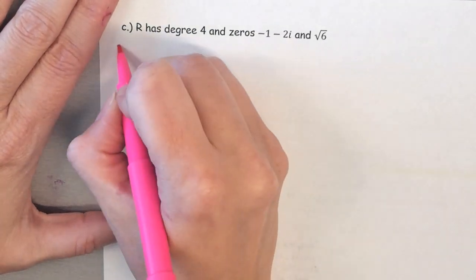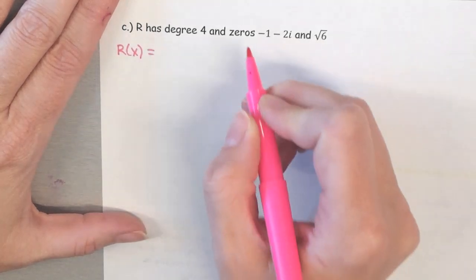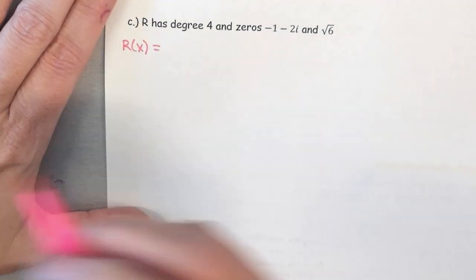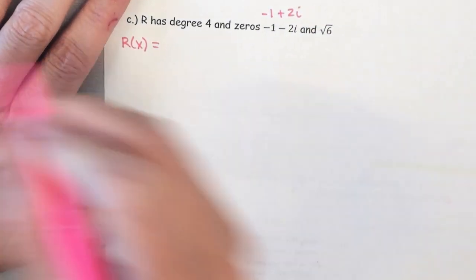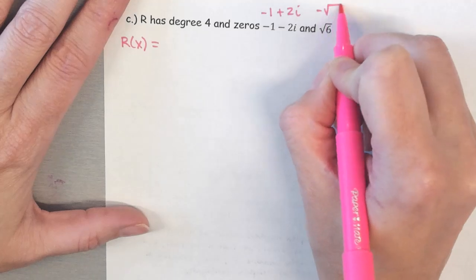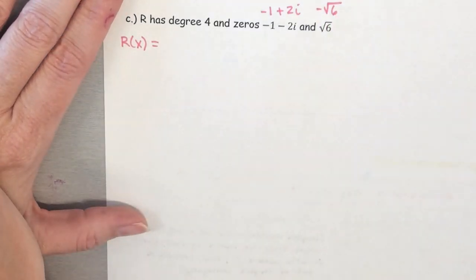Okay, and then the order that you put them in doesn't matter. So if you had negative 1 minus 2i, then negative 1 plus 2i is also a 0. If root 6 is a 0, then negative root 6 is a 0.